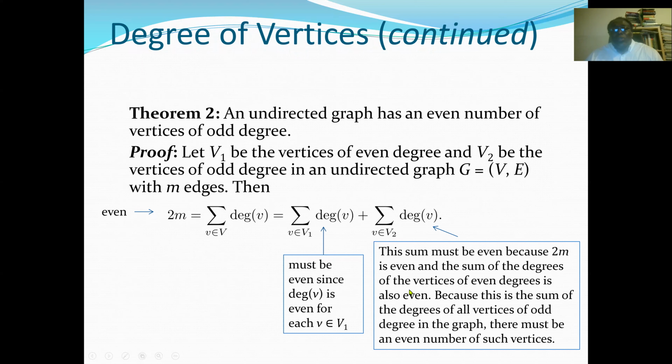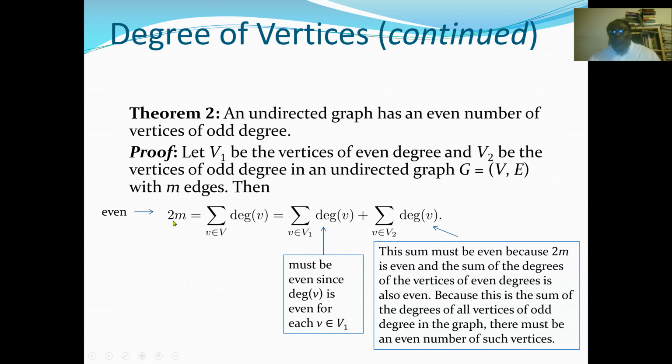The second theorem says that an undirected graph has an even number of vertices of odd degree. The proof is as follows: let V1 be the vertices of even degree and V2 the vertices of odd degree in an undirected graph.